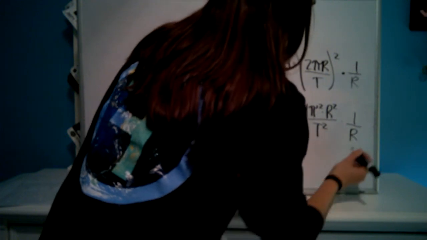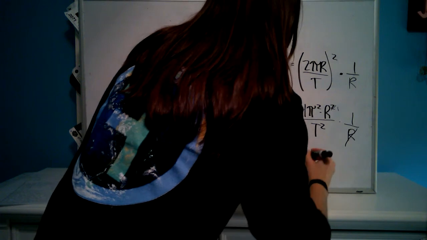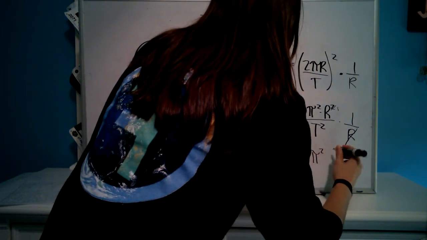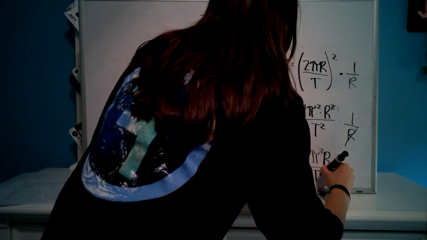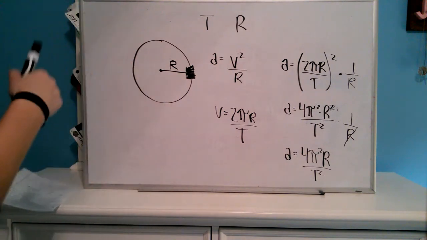So our acceleration is going to be equal to, I can cross out one of these r's. So we're going to have 4 pi squared r over our time squared. And that is going to be the acceleration of the toy when it's being flung around the circle.